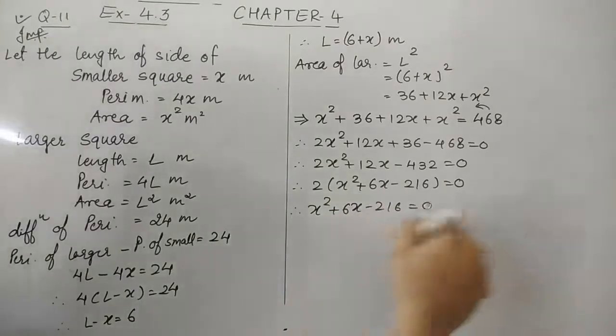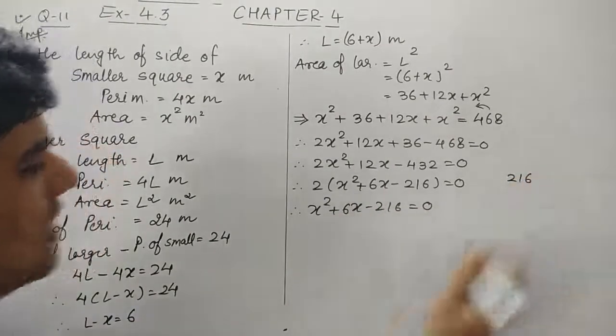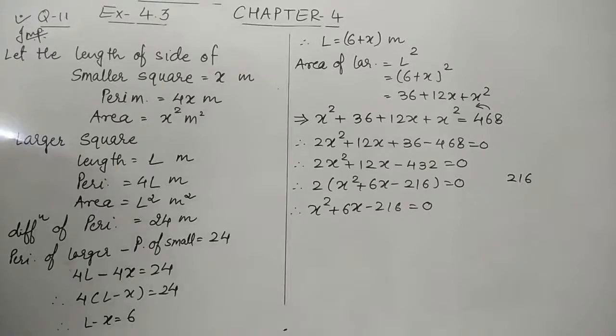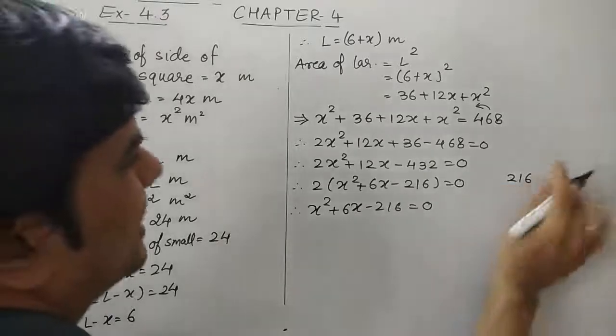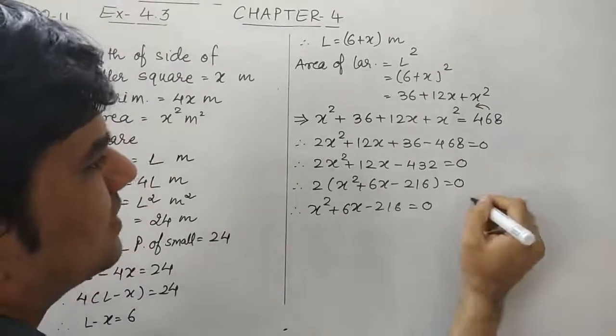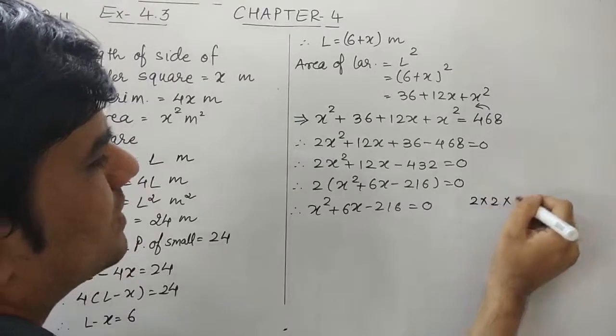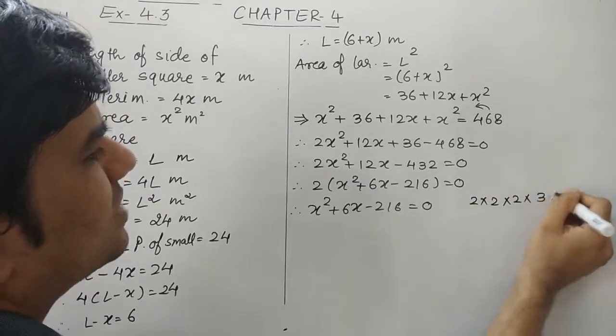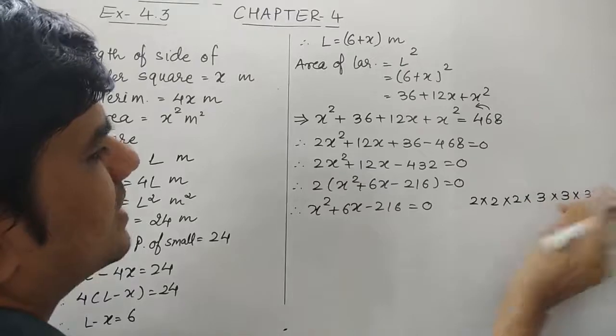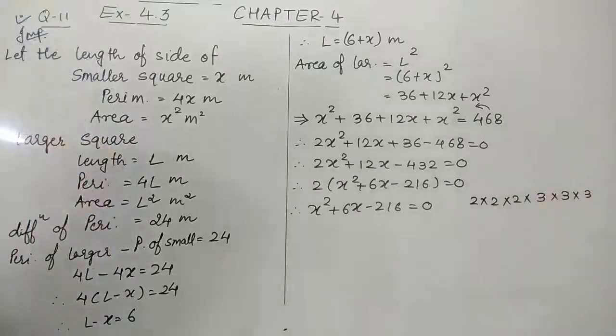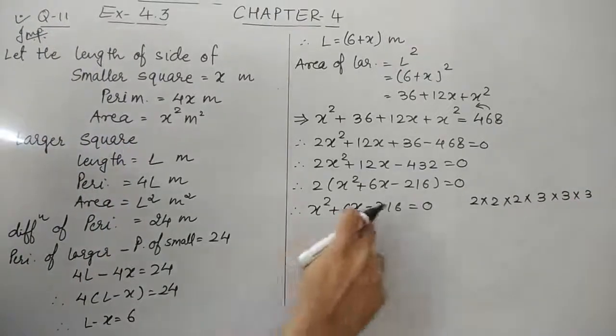Now we have to find the factors of 216. अगर आपको पता होगा तो ये 6 का क्यूब है. तो हम डायरेक्ट फैक्टर्स लिख सकते हैं. If you know that it's 2 into 2 into 2 and 3 into 3 into 3. That means 6 into 6 into 6. Now we have to get 6 by subtraction.